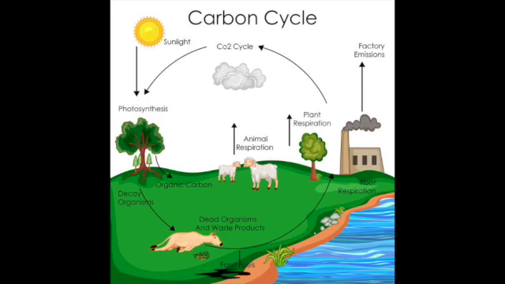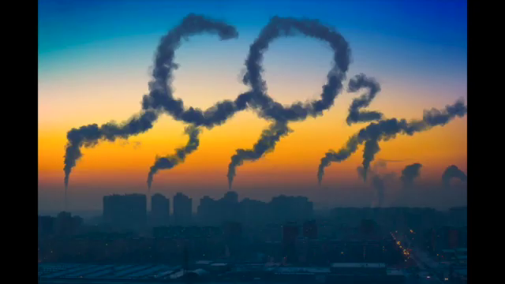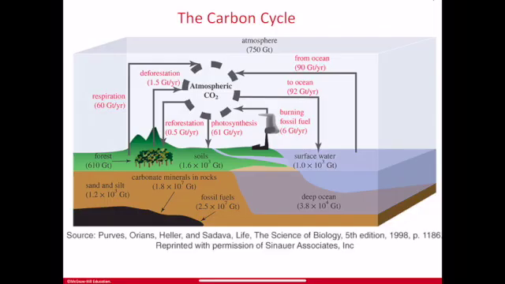So this is carbon moving through the Earth's underground, surface, and atmosphere through all living things. The focus on the carbon cycle is carbon dioxide in the atmosphere, that is the chemistry behind global warming and climate change.